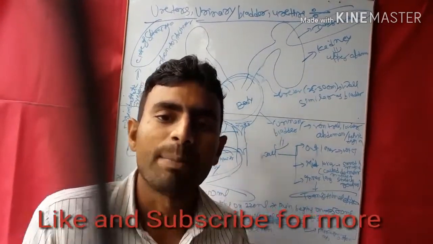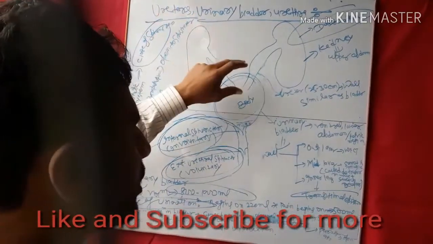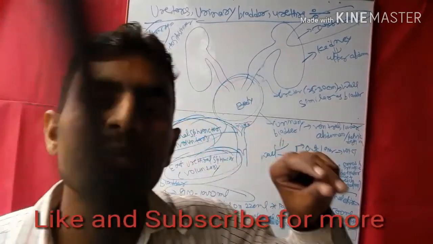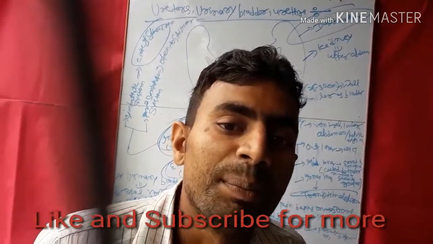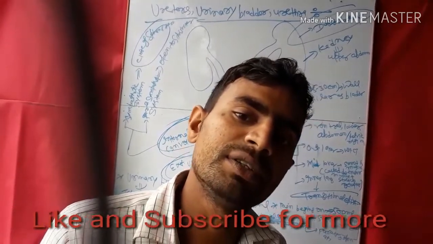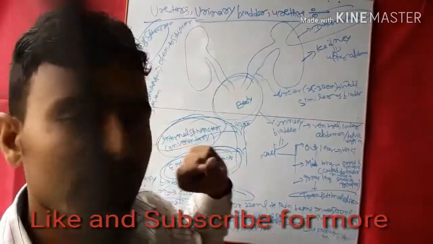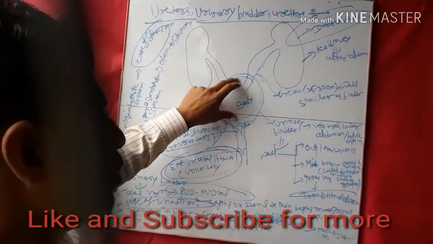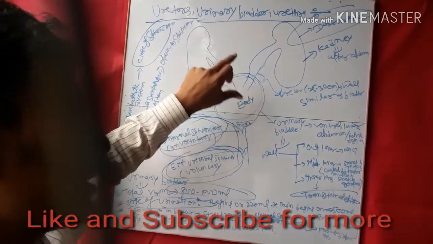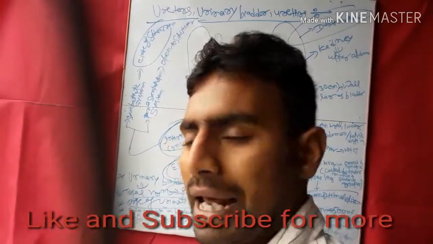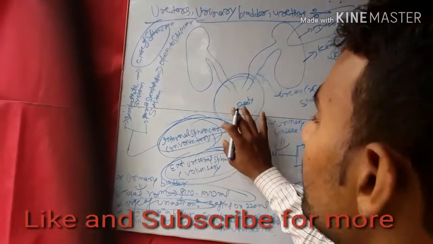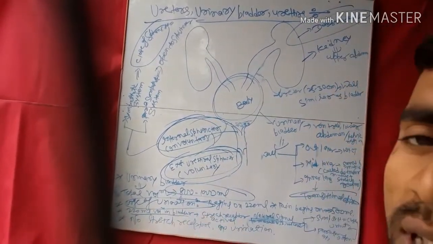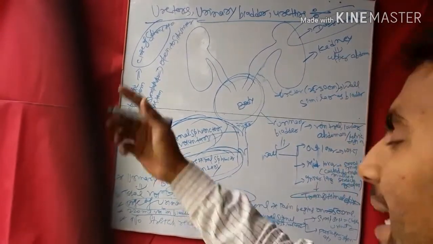When the amount increases and reaches 500 milliliter, then pain begins. This means at 220 milliliter volume in the bladder, the stretch receptor activates.